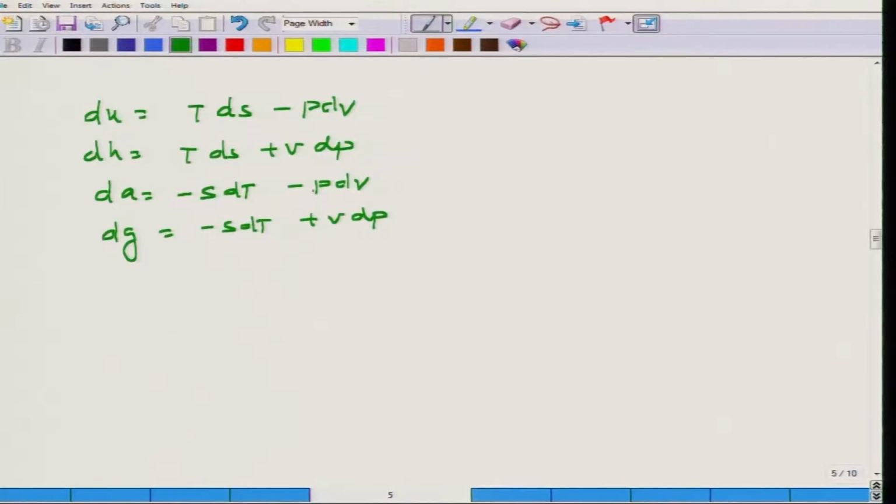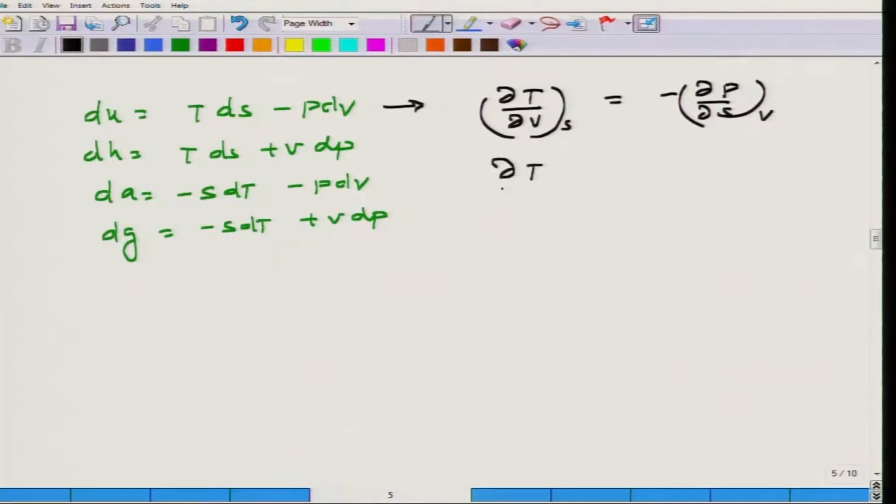Okay, so here we have just swapped it so that we can have S and T in one column. So, now making use of the exactness expression, here we can get del T by del V at constant S as minus del P by del S at constant V. The next expression is del T by del P at constant S is del V by del S at constant P. So, this becomes this.